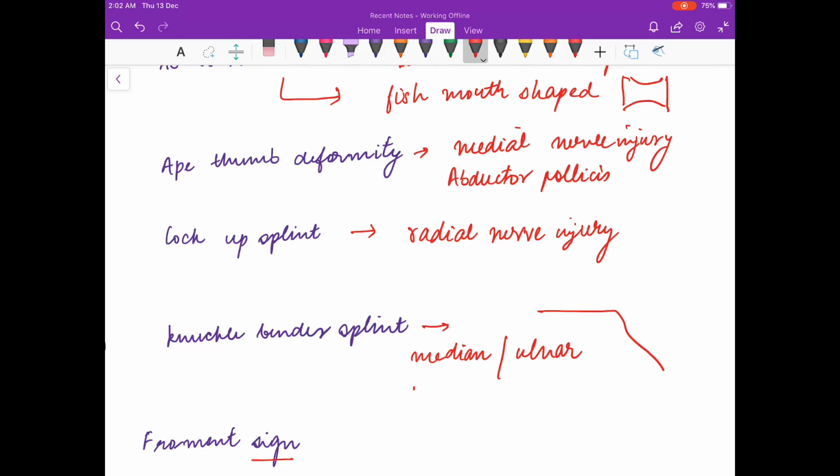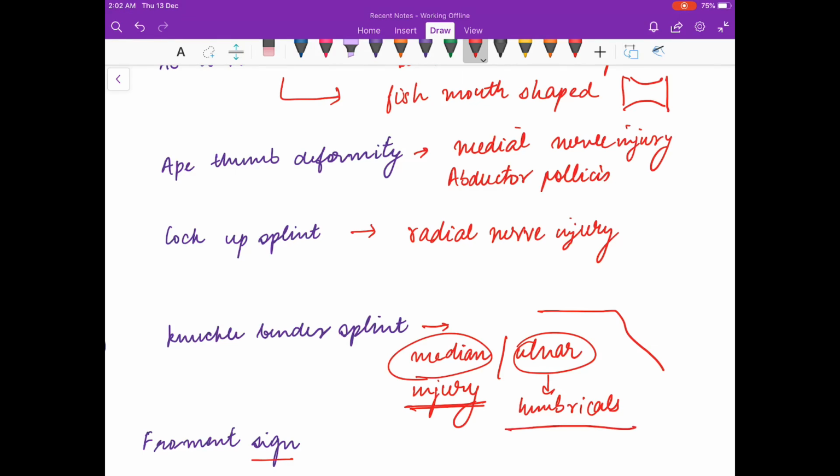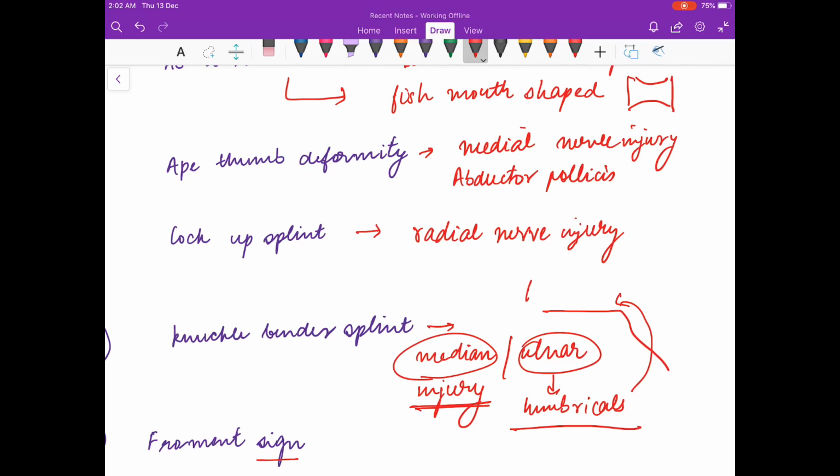So how to remember this? See friends, you have to remember the action of the muscle. Median and ulnar nerve supply lumbricals. Lumbricals cause flexion at the metacarpophalangeal joint.